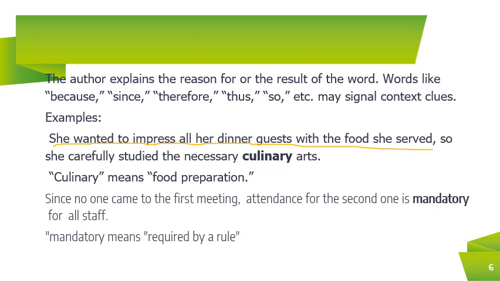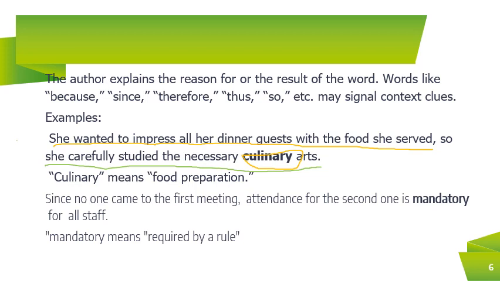Ano yung ginawa niya as effect? She carefully studied the necessary culinary arts. The unfamiliar word is culinary. So, this sentence used cause and effect or reason result clue because we have there the cause and effect.